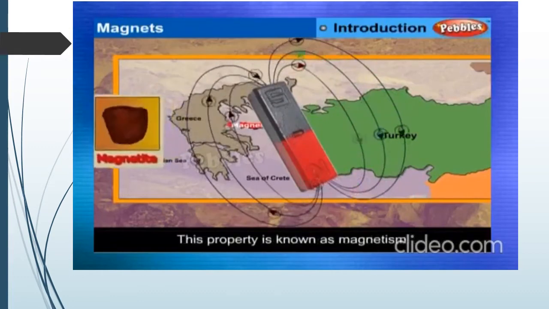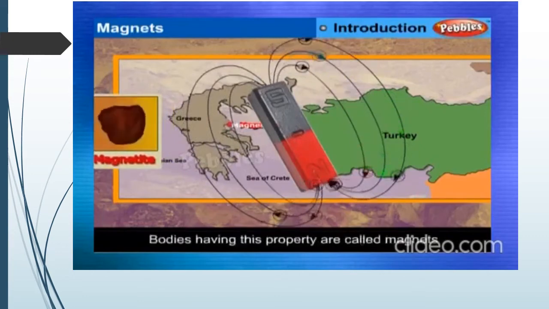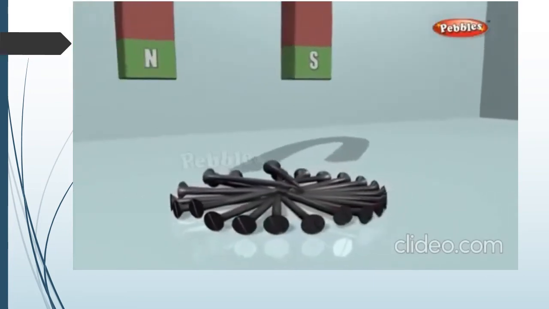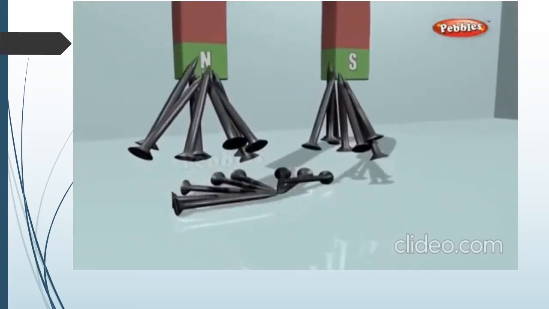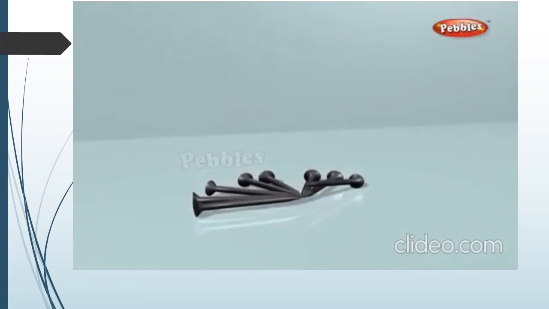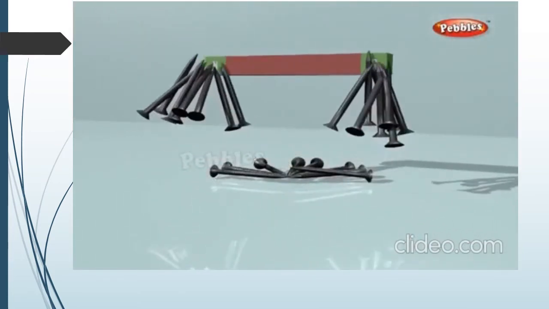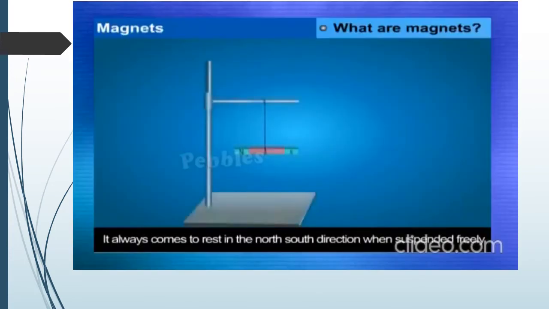This property is known as magnetism, and bodies having this property are called magnets. What are magnets? Any substance which possesses the following two properties is called a magnet. It attracts small pieces of iron towards itself. It always comes to rest in the north-south direction when suspended freely.